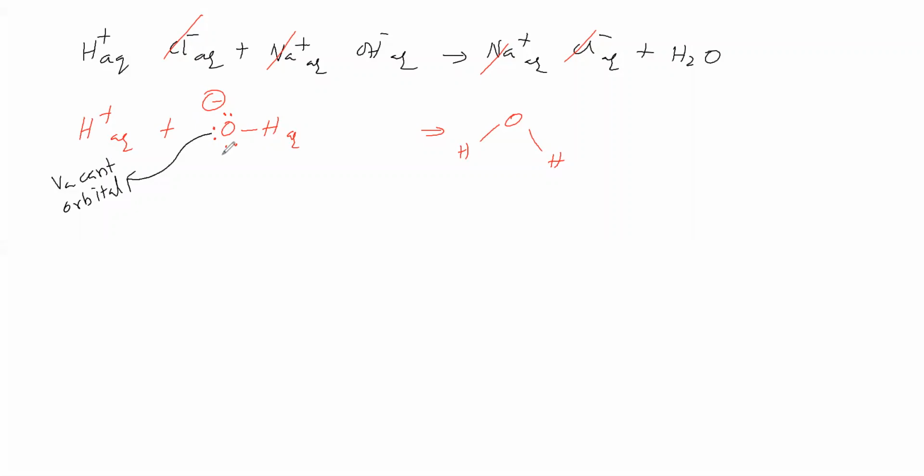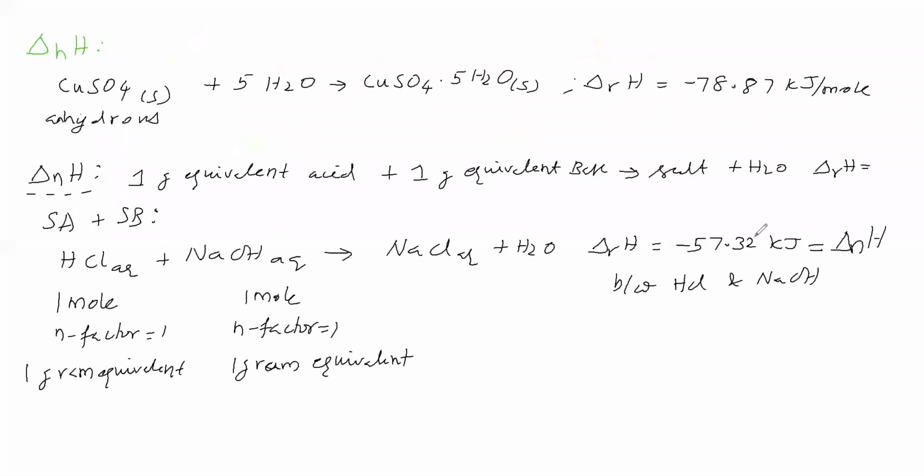Therefore, when HCl is mixed with NaOH, only bond formation takes place. Bond formation means attraction, therefore energy is liberated. The amount of energy liberated is 57.32 kilojoule. Therefore, the enthalpy of neutralization is this.